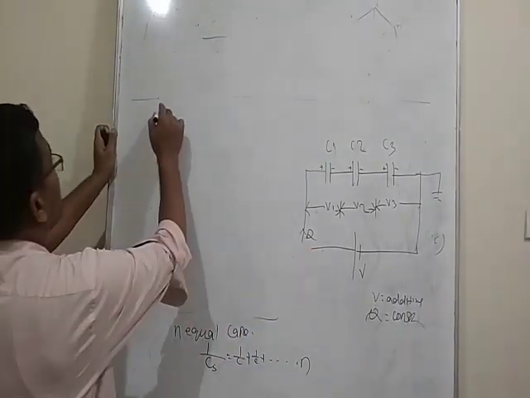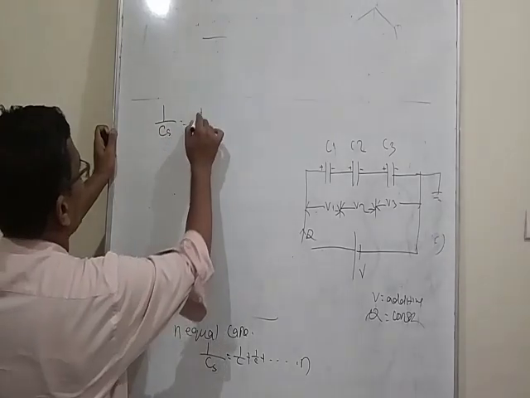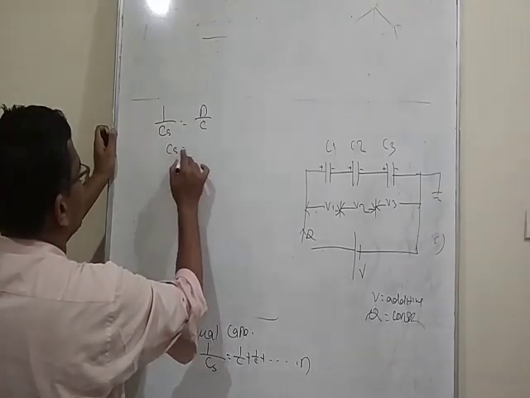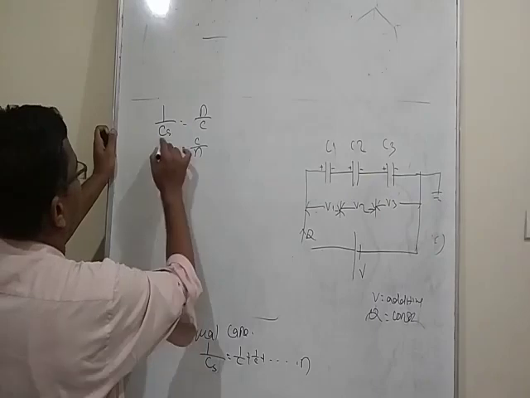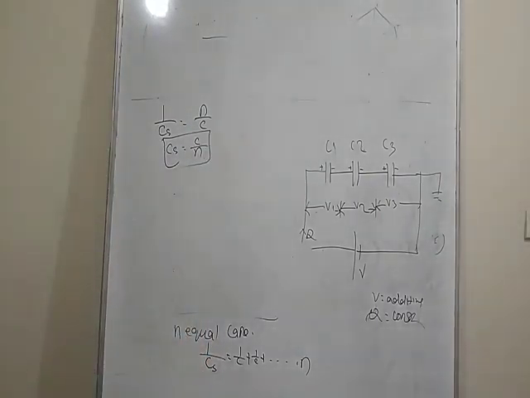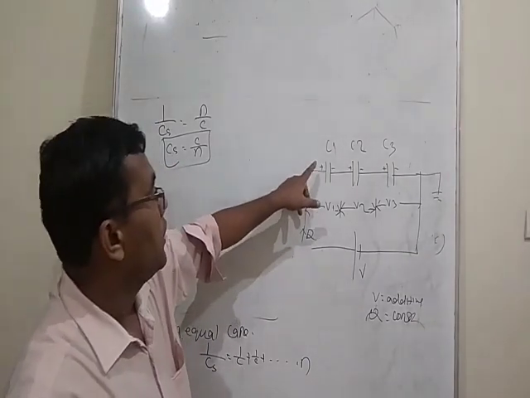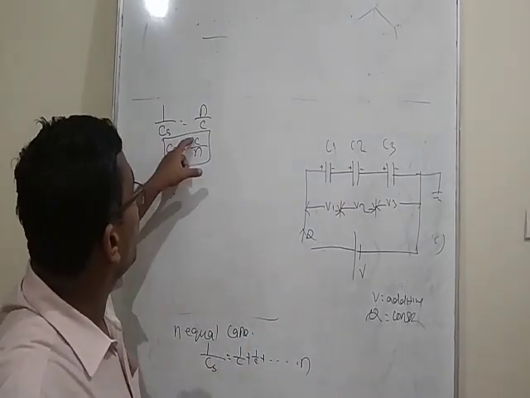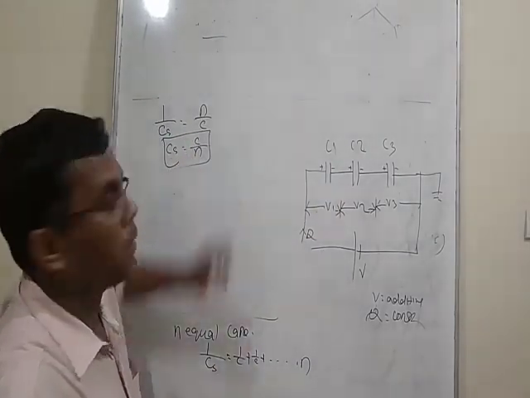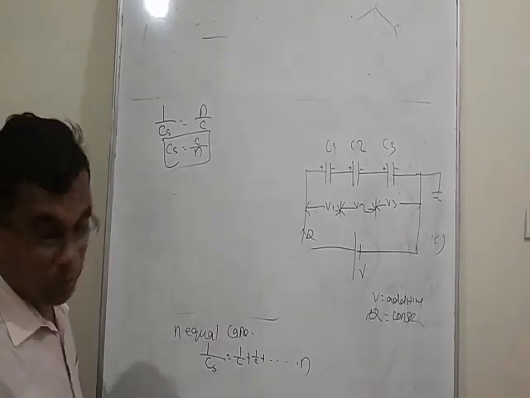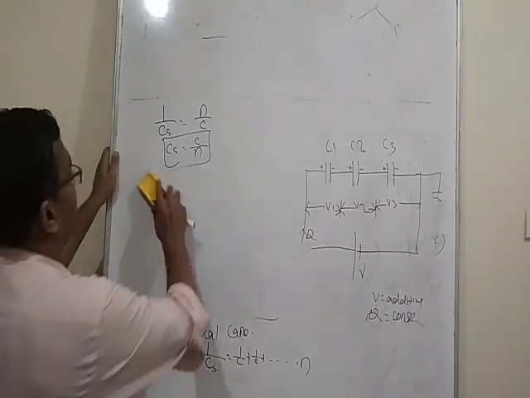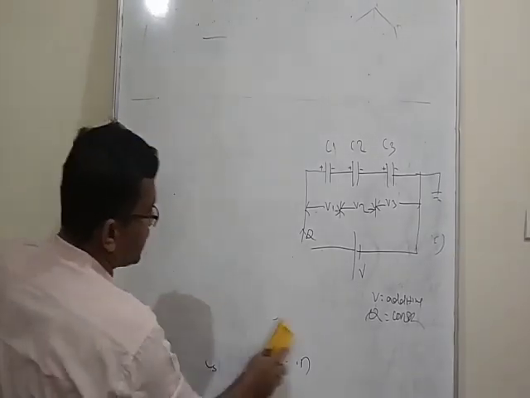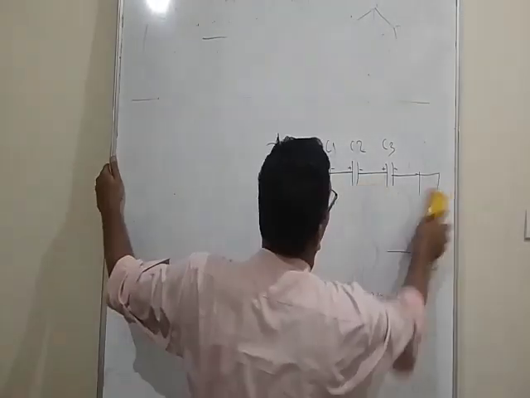Then 1 by C series is equal to n by C, so C series is equal to C by n. For n equal capacitors, if one capacitor has capacity 10 microfarad, then connecting 10 of them in series gives 10 by 10, equal to 1 farad. The calculation for equal capacitors in series is done this way. So this is all about the series connection of capacitors.